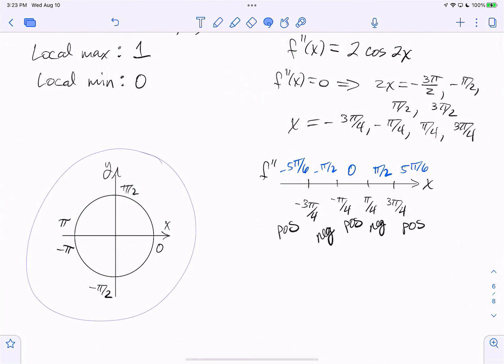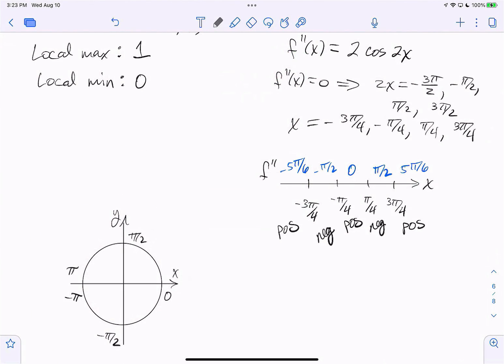So I'm just going to write down a couple intervals for each of concave up and concave down. We're concave up on the interval from negative pi over 4 to pi over 4, and if you see the pattern, then you're going to know that this is going to be from 3 pi over 4 to 5 pi over 4, and I'm going to leave it at that.